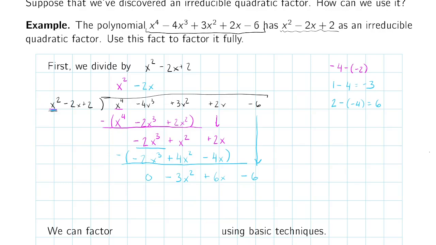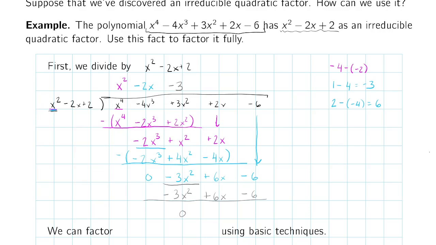And it's time for my last round of division. So x squared again goes into negative 3x squared. That's going to be a negative 3. So negative 3 times x squared is negative 3x squared, just like I hoped. Negative 3 times a negative 2x is going to be a positive 6x. Negative 3 times a positive 2 is going to be a negative 6.